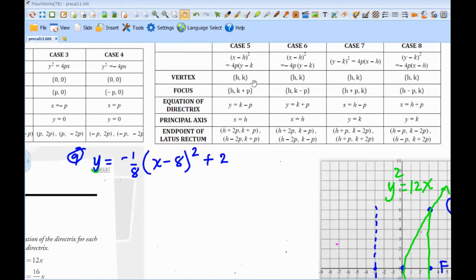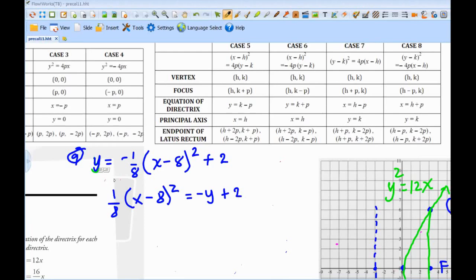Let us first move the 2 to the left side and the y to the right. So it will become positive 1 over 8 (x minus 8) squared equals negative y plus 2.